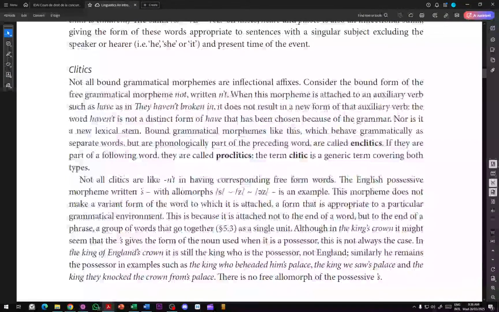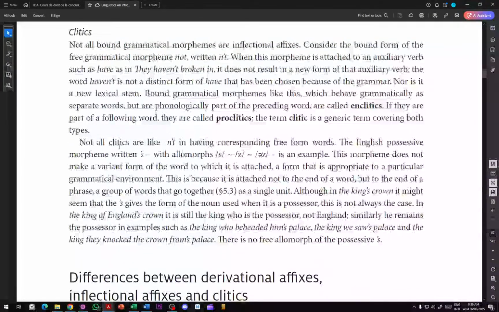The term clitic is a generic term covering both. Not all clitics are like n't in having corresponding free-form words.